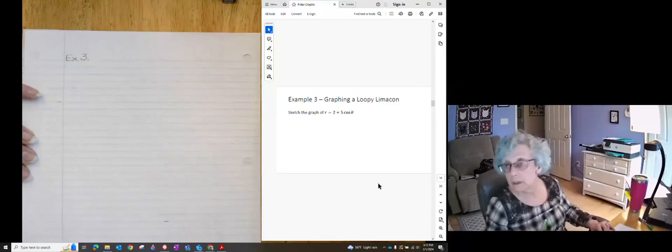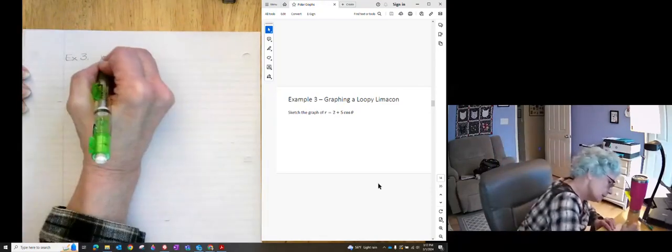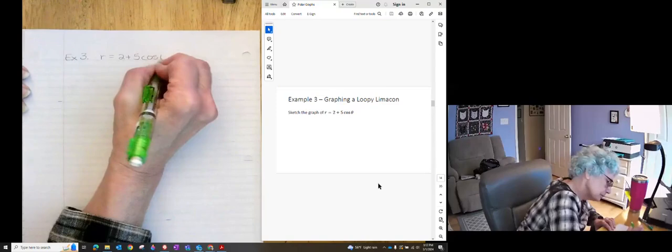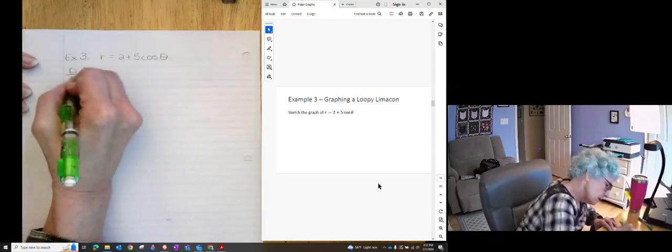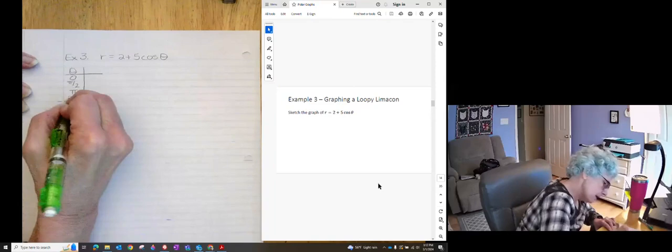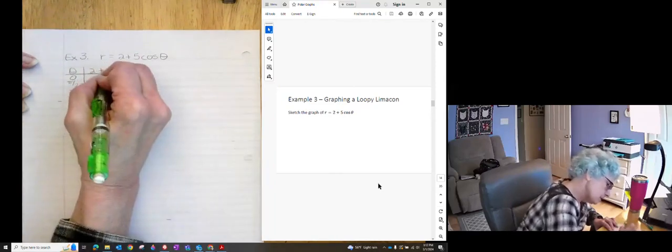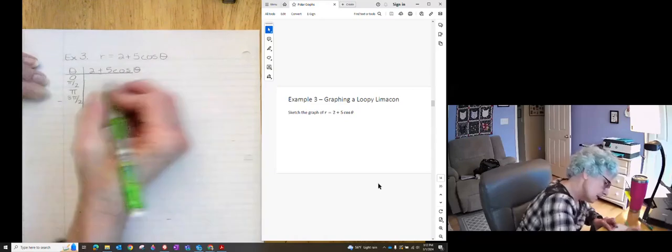Example 3. We have r equals 2 plus 5 cosine theta. So theta: 0, pi halves, pi, 3 pi halves, and 2 plus 5 cosine theta.